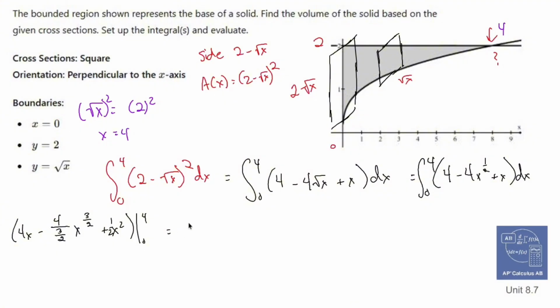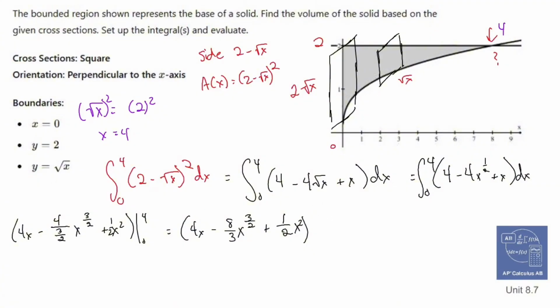So let's clean this up a little bit more. 4x, and if I flip this and multiply, this is going to be 8/3, so minus 8/3 x to the 3/2 plus 1/2 x squared. My limits are still going to be 0 and 4.